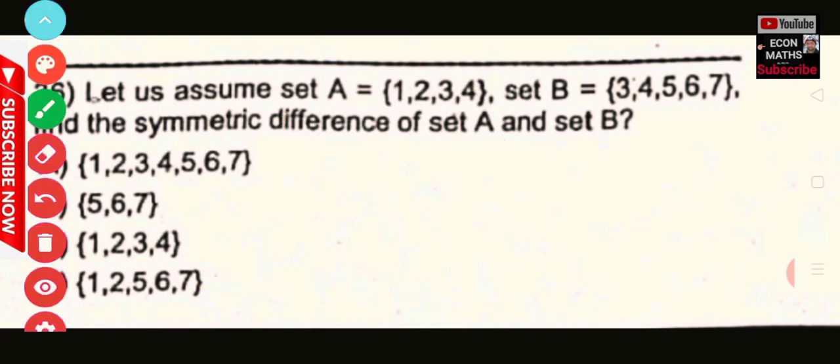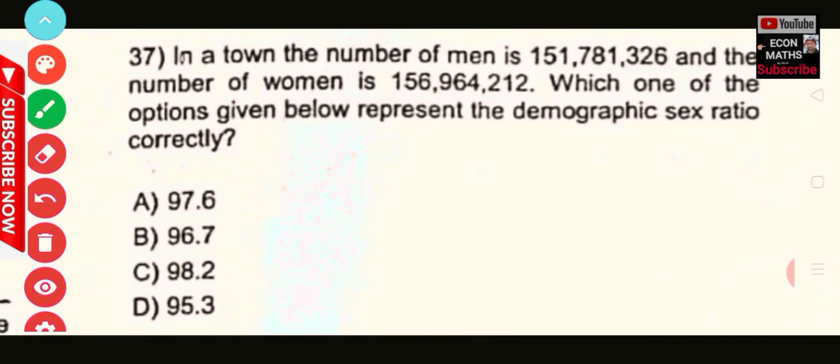Now coming to the next question. In a town, the number of men are 151,781,326, and the number of women are 156,964,212. Which of the following options represents the demographic sex ratio?